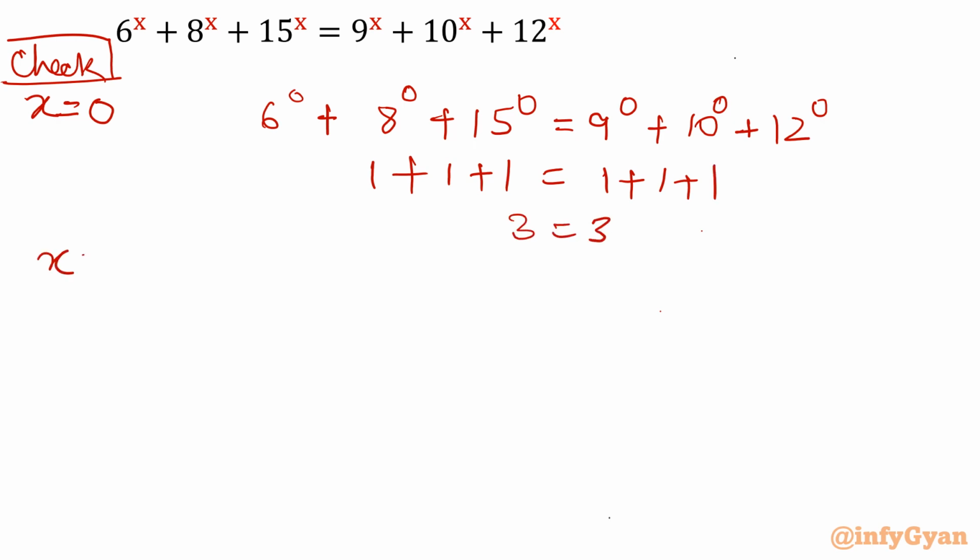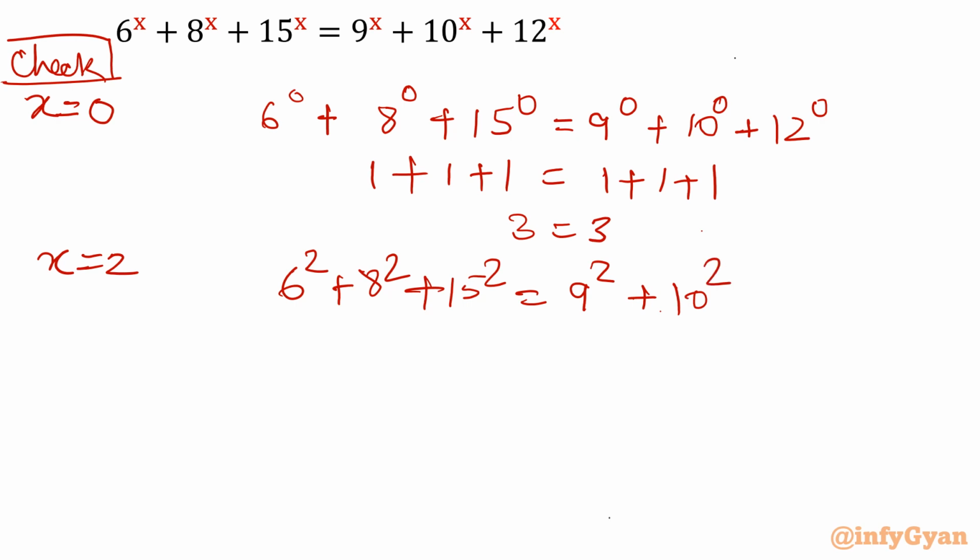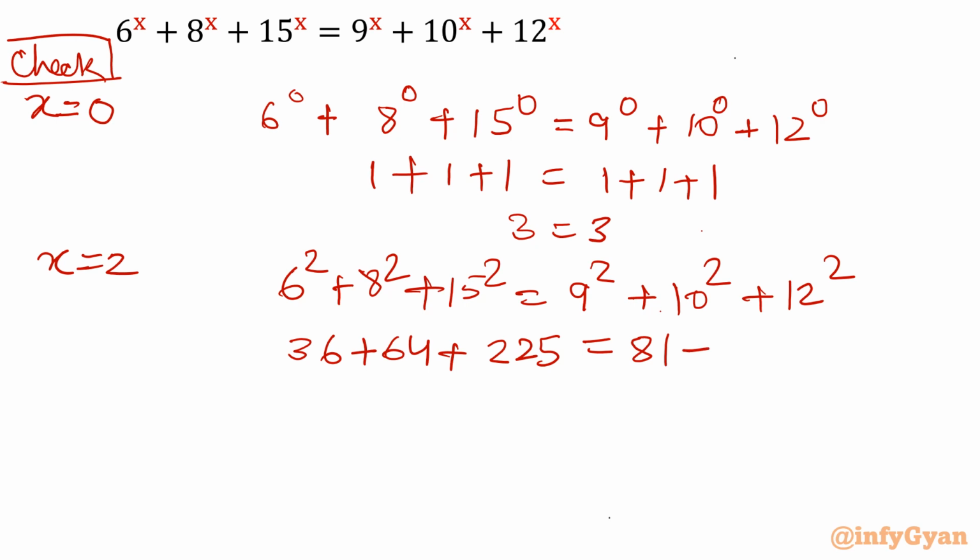Now the second value, x equal to 2. 6^2 plus 8^2 plus 15^2 is equal to 9^2 plus 10^2 plus 12^2. 36 plus 64 plus 225 is equal to 81 plus 100 plus 144.